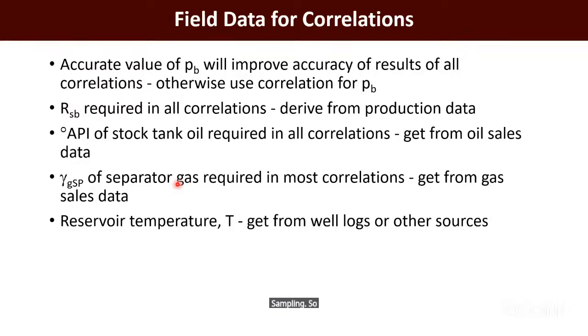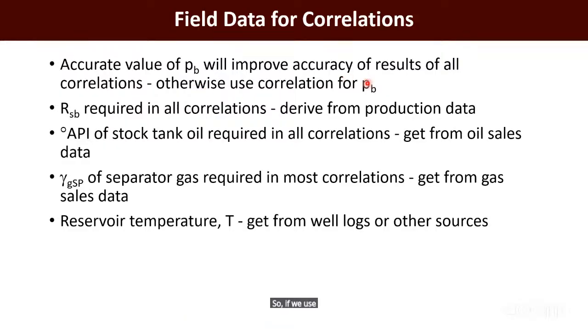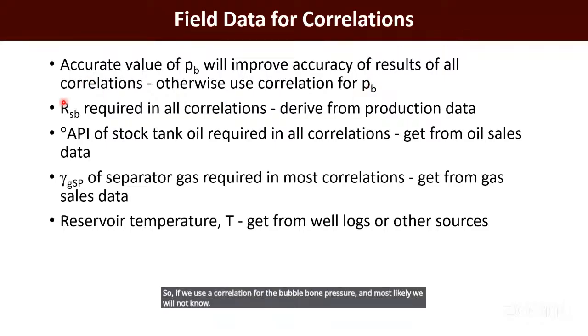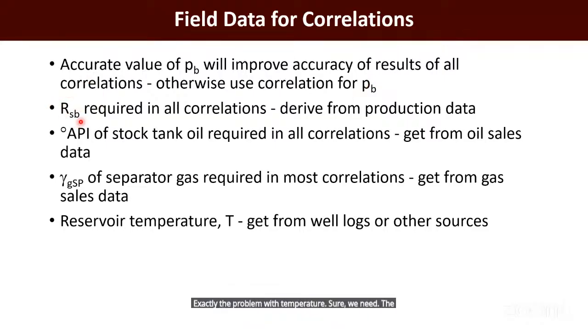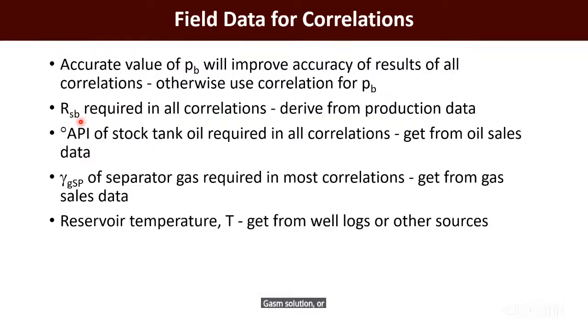So for the field data required in order to use the correlation, we need an accurate value of the bubble point pressure. If we don't have it, we will use another correlation for the bubble point pressure. If we use a correlation for the bubble point pressure, and most likely we will not know it exactly, we need the Rs at the bubble point pressure, meaning the gas in solution or gas oil ratio at the early production stages.